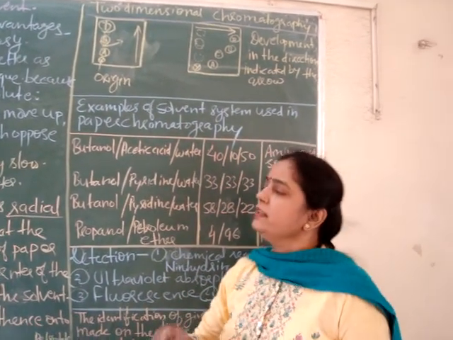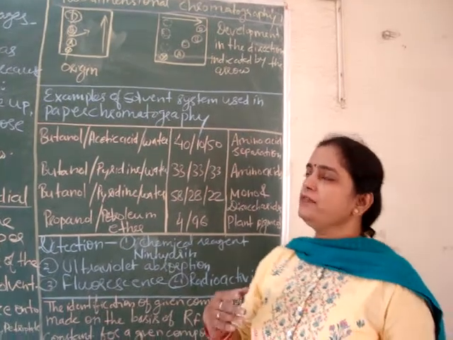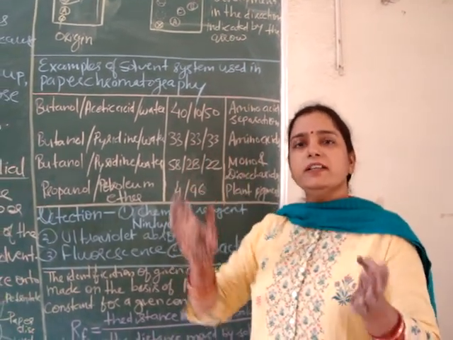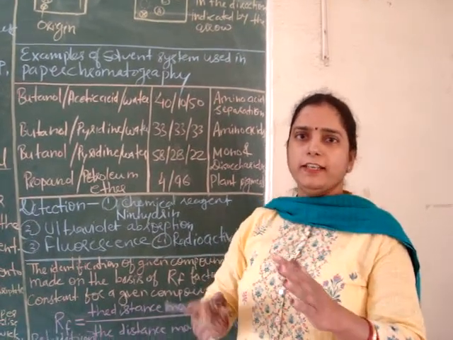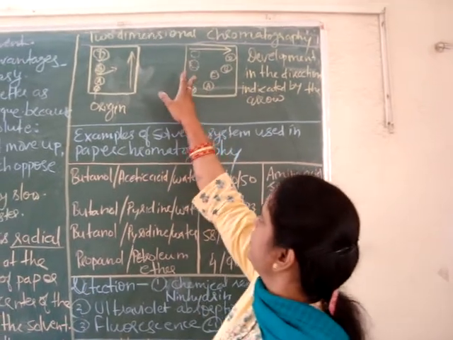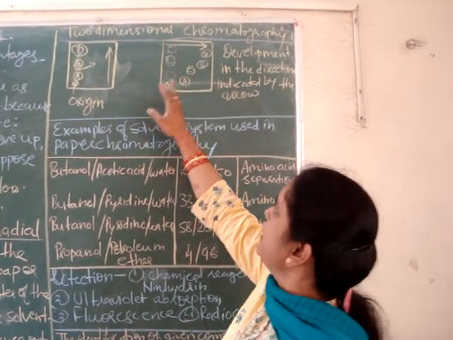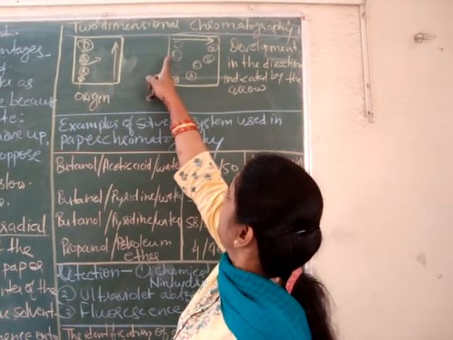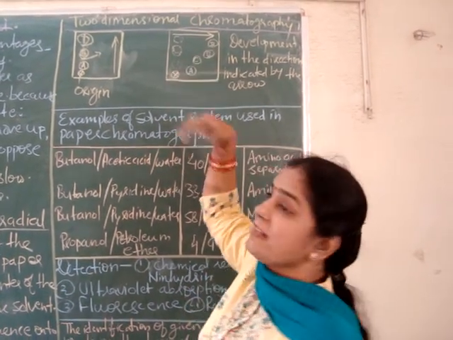Then after completion of the development we remove this paper, dry it, and turn it through a right angle, or 90°, and then apply a second solvent like this. These are the previous sample components separated, and when we run this paper in this direction, then B and C get resolved in the second development.